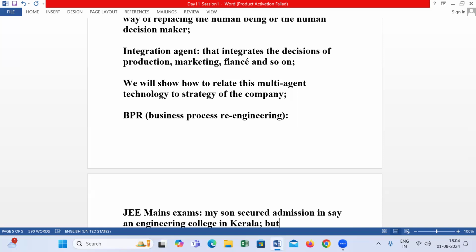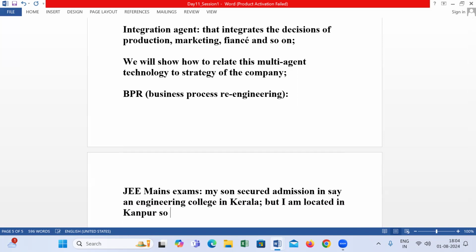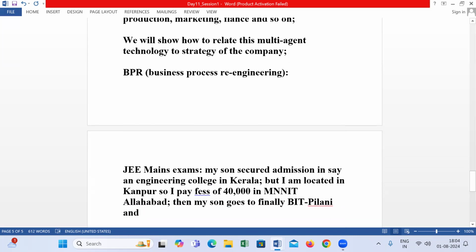But I am located in Kanpur, so I pay fees of 40,000 in MNNIT Allahabad. Then my son goes to finally its Pilani and demands that his money be returned.